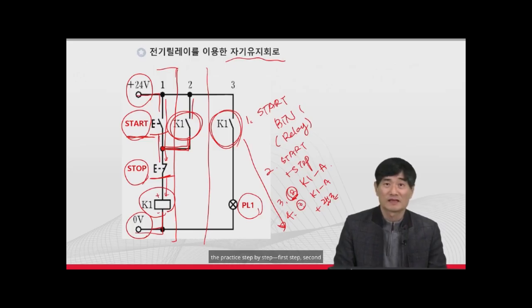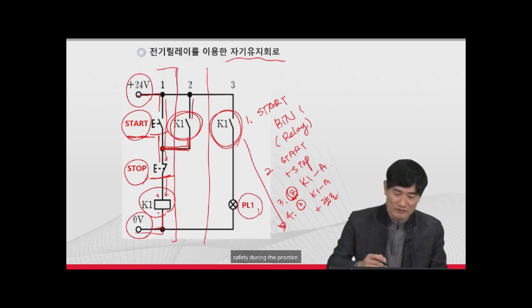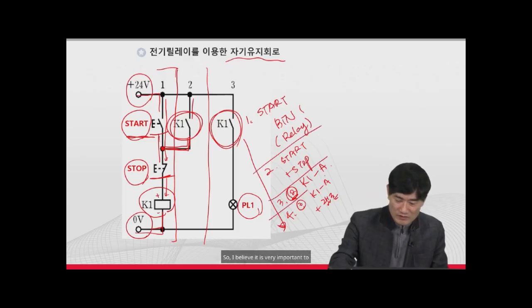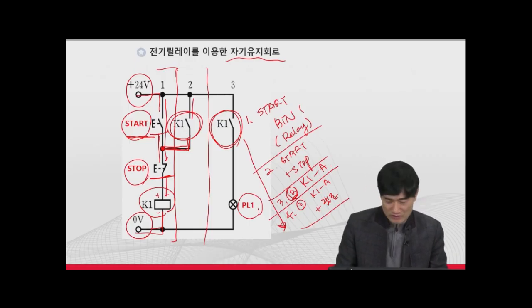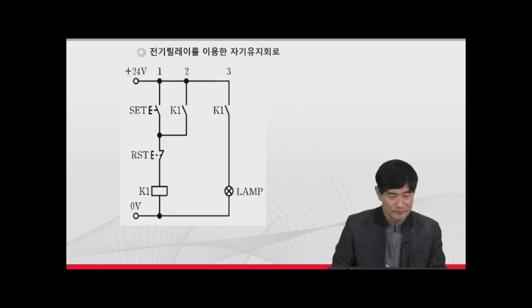First step, second step, third step, and fourth step. At each stage, you should modify the circuit accordingly and apply the SMPS power supply so that it operates. Doing so is also very important for ensuring safety during the practice. So I believe it is very important to understand each step and to grasp how it operates.